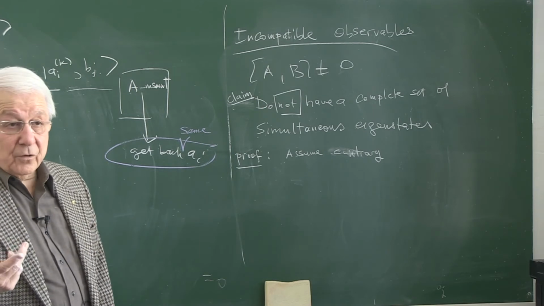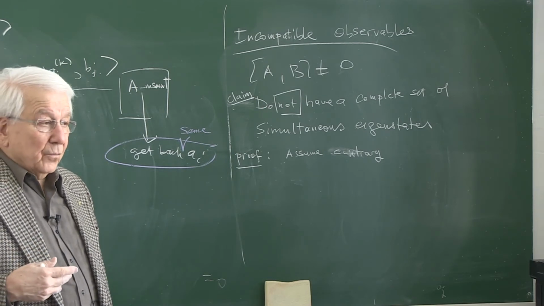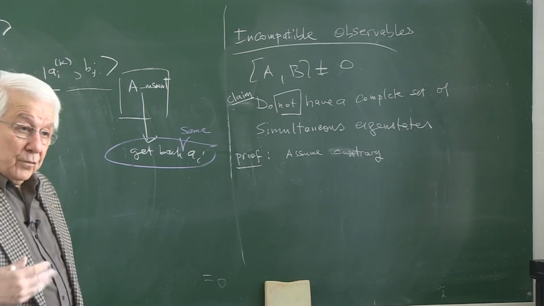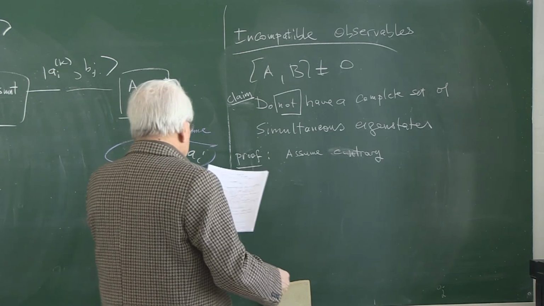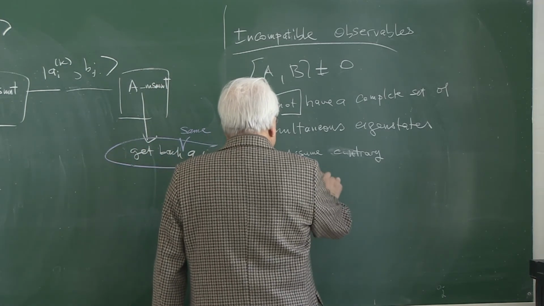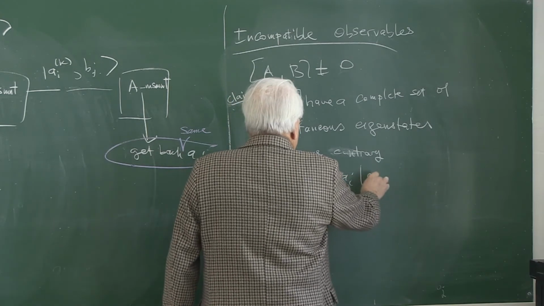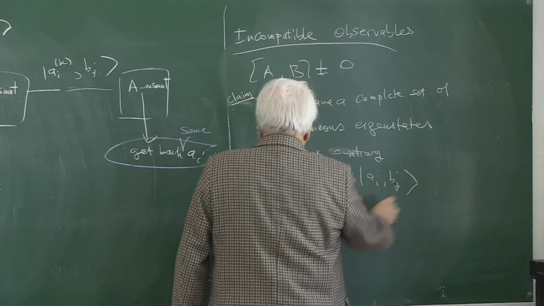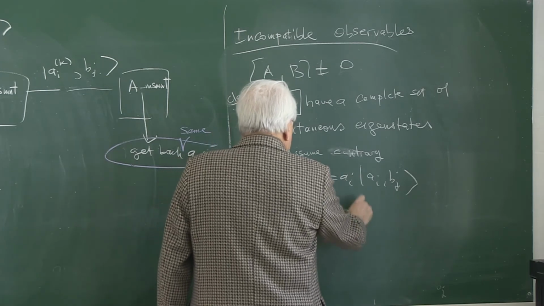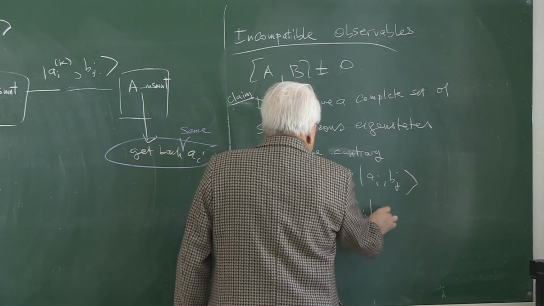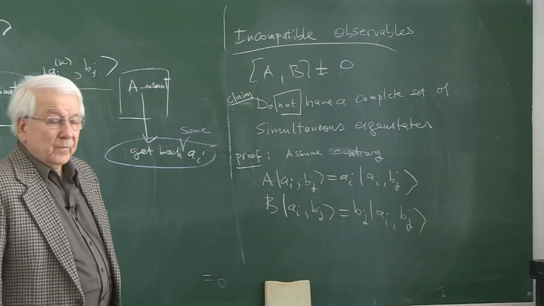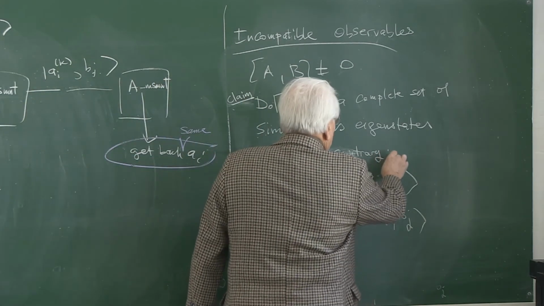That's the contrary, right? The contrary to the original claim. We are trying to prove that they wouldn't have a complete set of simultaneous eigenstates. Suppose the contrary is true, we have A acting on AIBJ equals AI times AIBJ, and B acting on AIBJ equals BJ times AIBJ. So that's the contrary assumption.